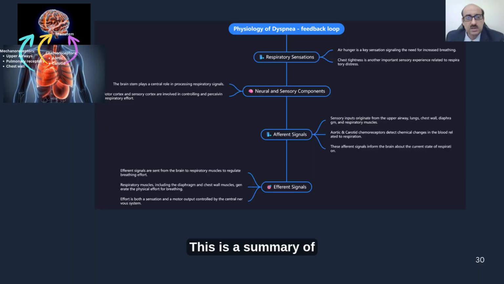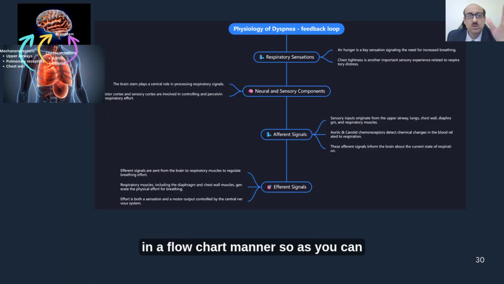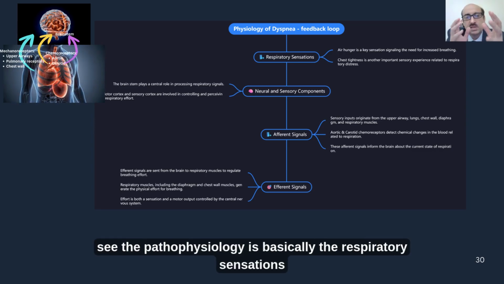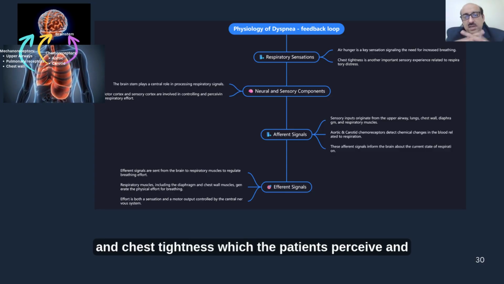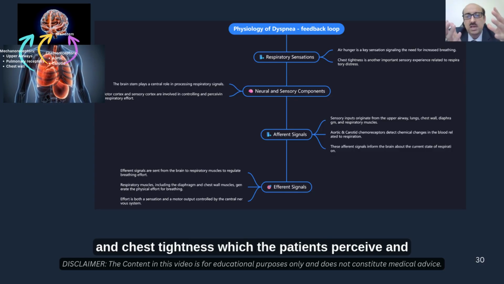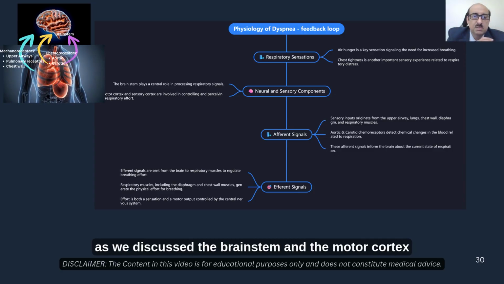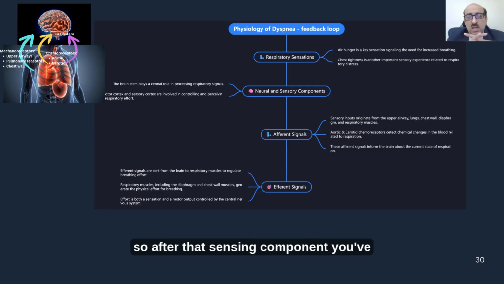This is a summary of the pathophysiology that we have discussed so far, in a flow chart manner. As you can see, the pathophysiology is basically the respiratory sensations. We just discussed the sensations of air hunger and chest tightness, which the patients perceive. It has three components: the neural and sensory component, the brainstem and the motor cortex, and the sensory cortex as well.